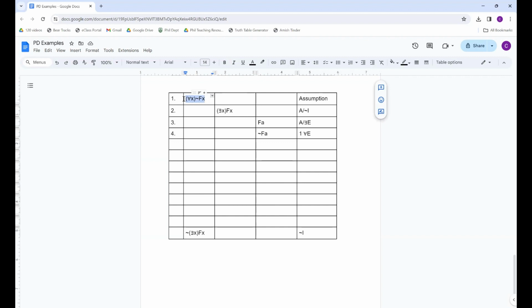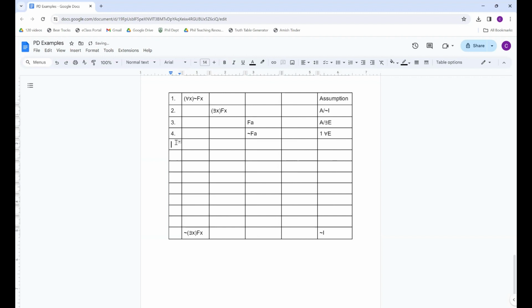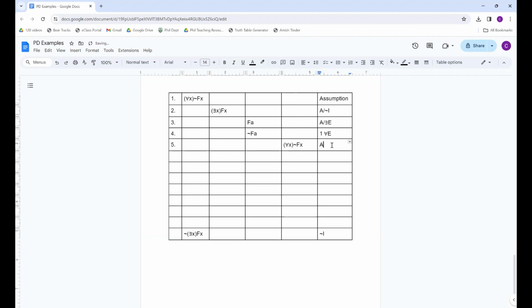So what we're going to do is derive not for all x not Fx. So in order to do that, we're going to need a new subderivation for negation introduction. We assume this. We then reiterate both of these into it, which of course we can do because we're still inside the existential elimination subderivation here, remember?